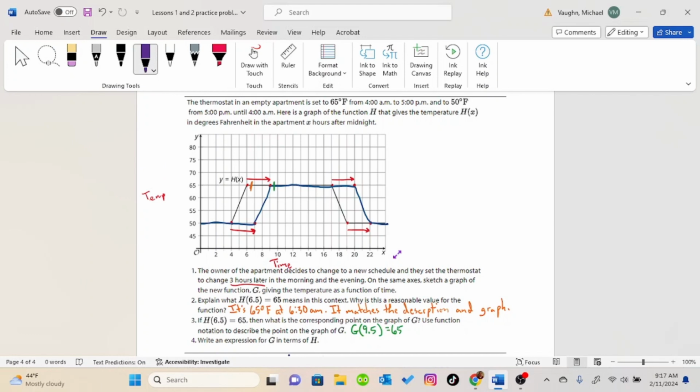And number 4, write an expression for g in terms of h. So if we wanted to write g in terms of h, notice that when g of 9.5 equals the same, h was 6.5, which is 3 less.